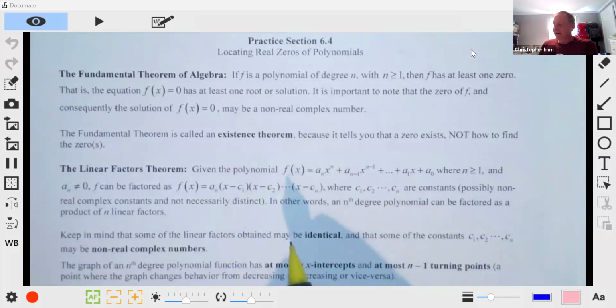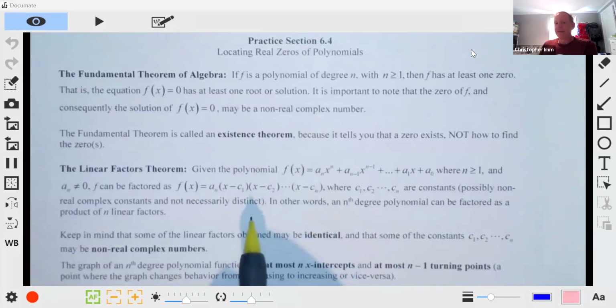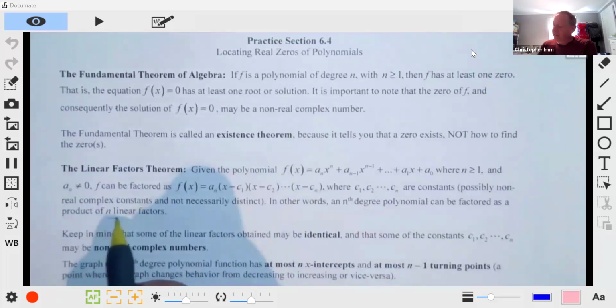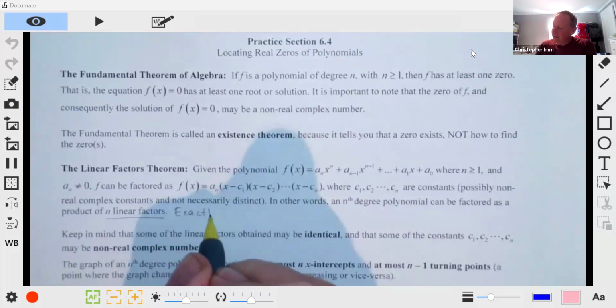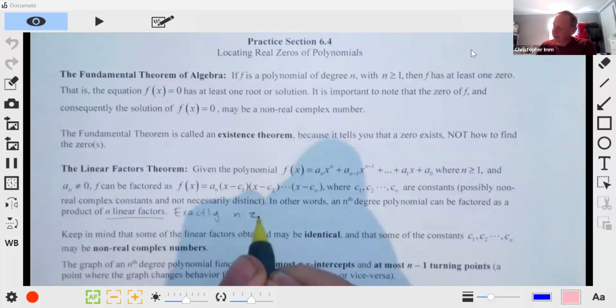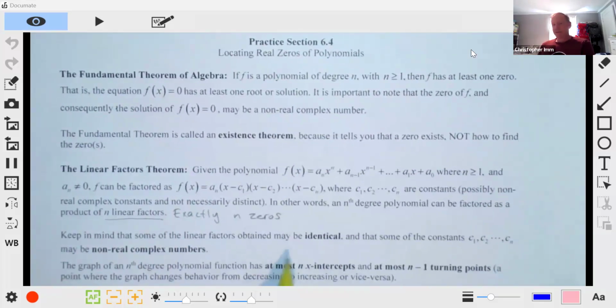So in fact, if we have an nth degree polynomial with real coefficients, then we will have exactly n linear factors, which means we have exactly n zeros. We want to note, though, that some of these factors could be identical.